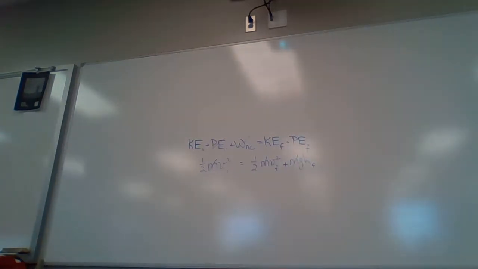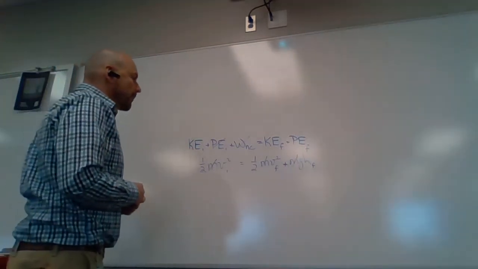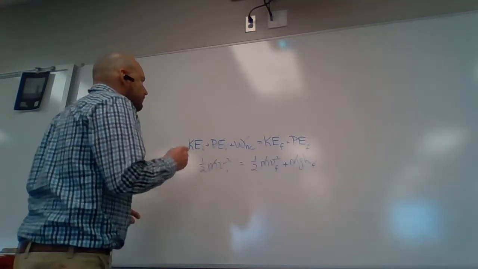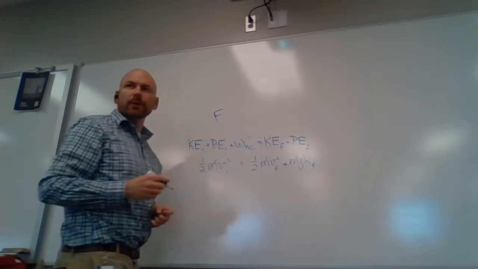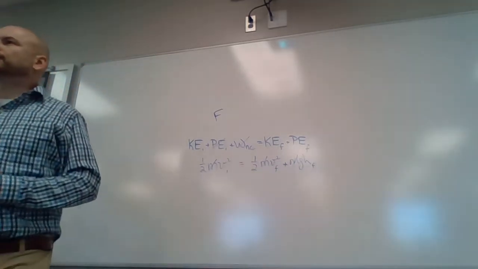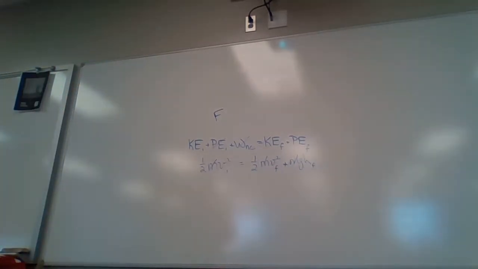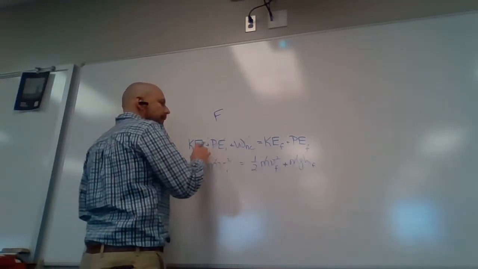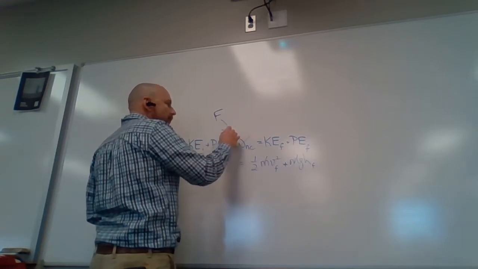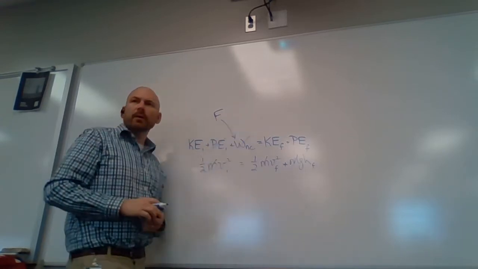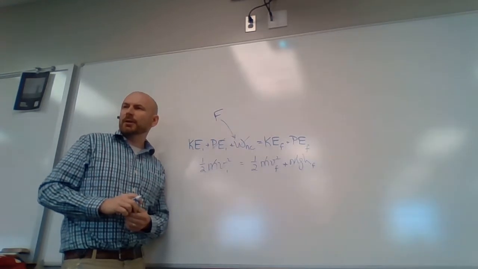A popular error is if I give you some kind of force, some kind of non-conservative force, and I say calculate something, and then you just go straight away and plug force in for work done by your non-conservative force.